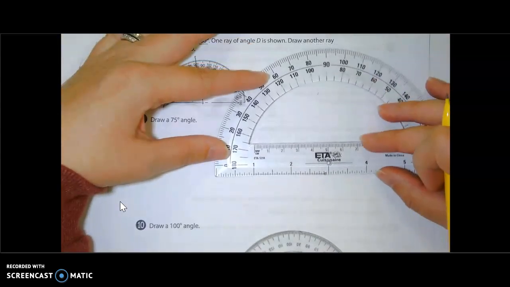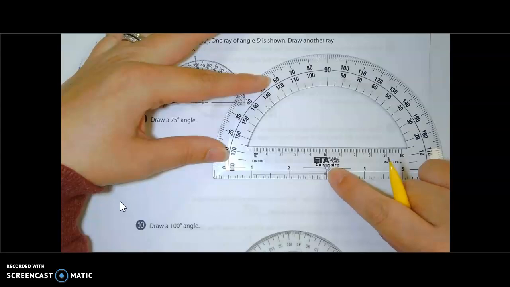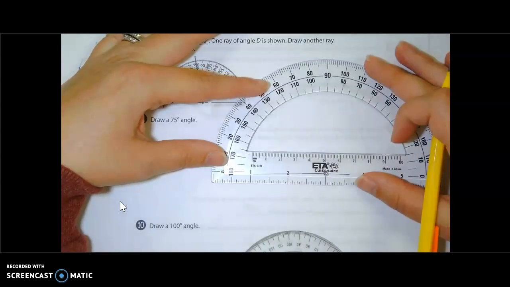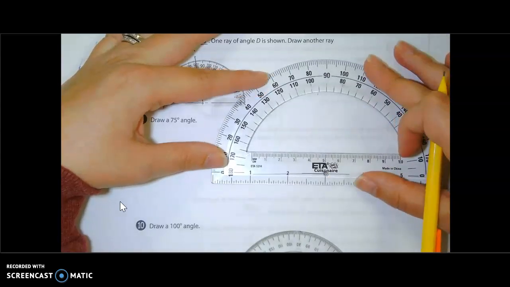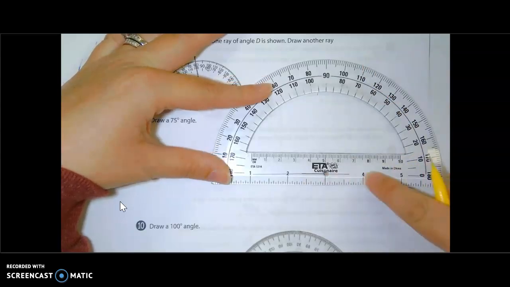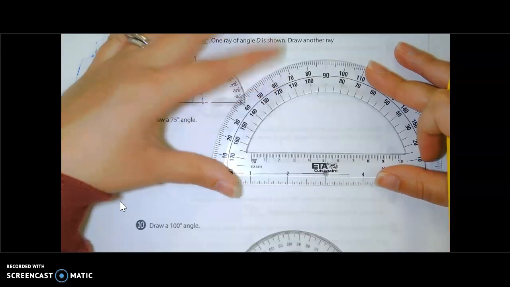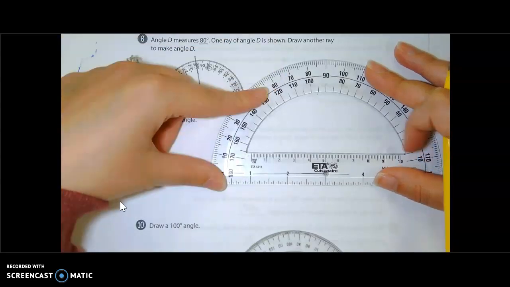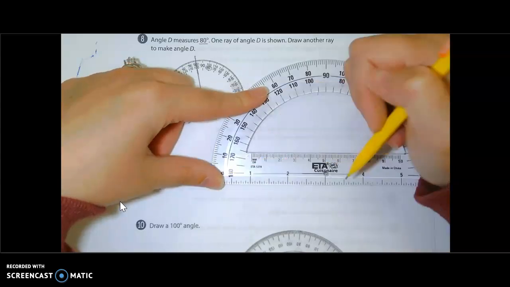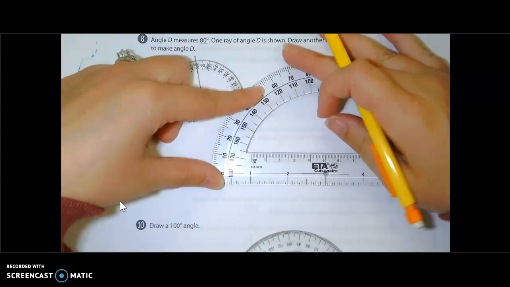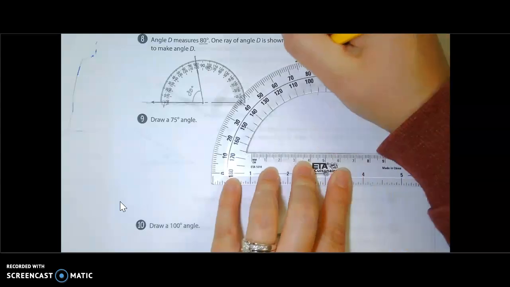I'm going to come over here. I'm going to line up with the circle my vertex. I'm going to make sure that my 0 line here is lined up with the line that I drew. There we go. And then I'm going to mark. I want a 75-degree angle. So since this is where my 0 is, because I'm going that direction, here's 70 and 80, so here is 75, this mark right here.